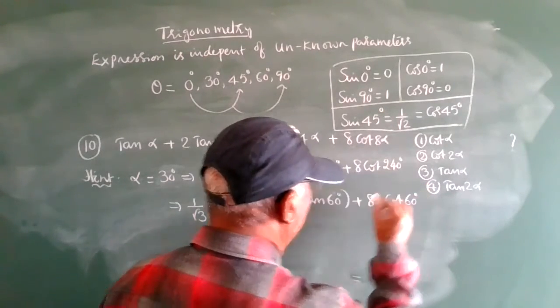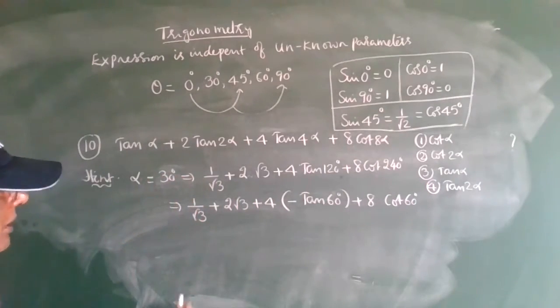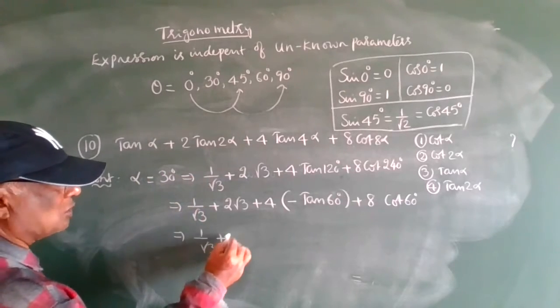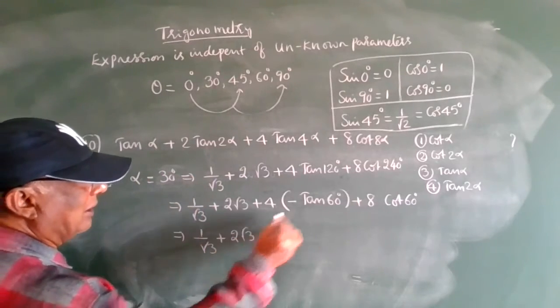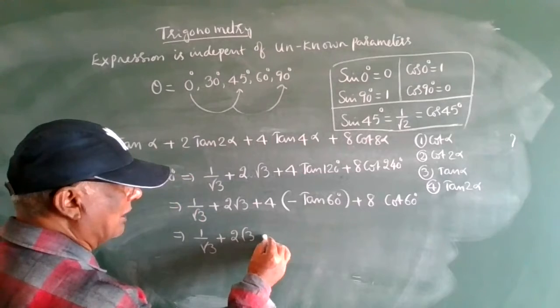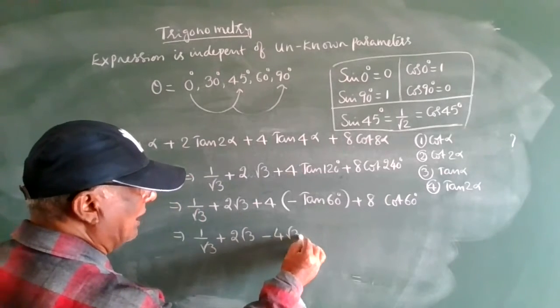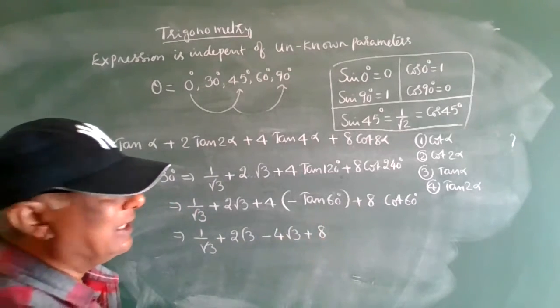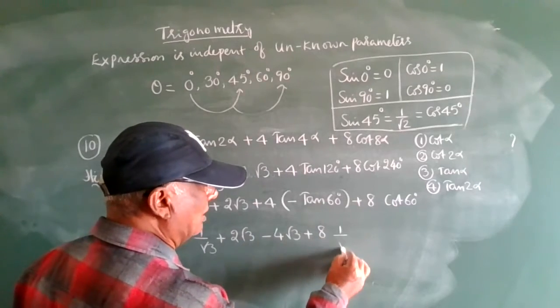Now write down the values: 1 by root 3 plus 2 root 3, tan 60 is root 3, minus 4 root 3 plus 8 into cot 60 degrees, which is 1 by root 3.